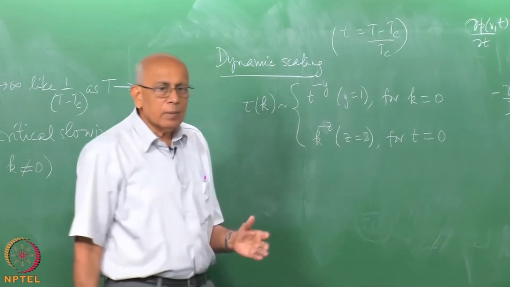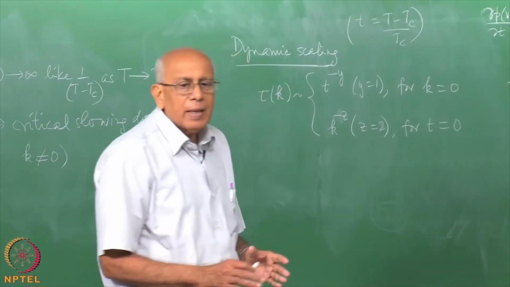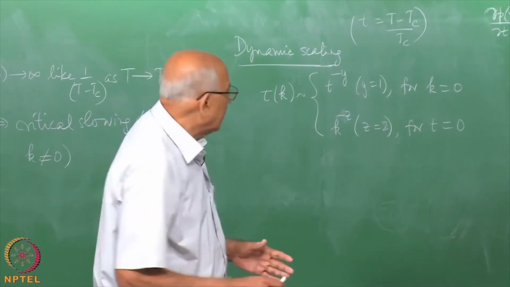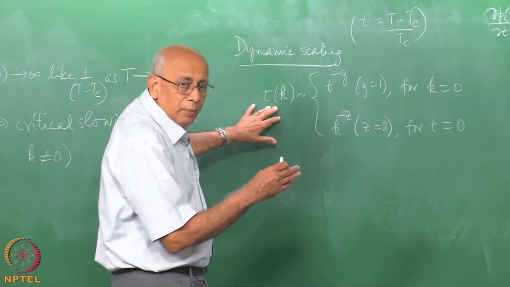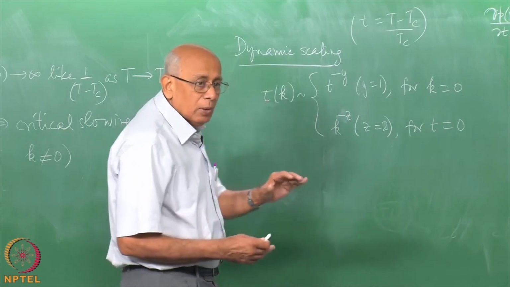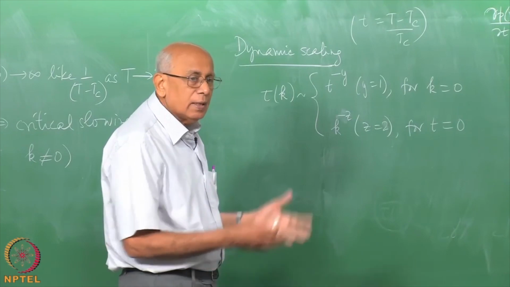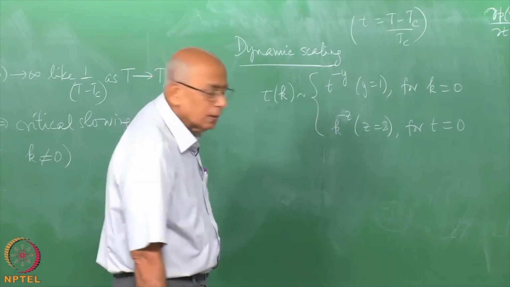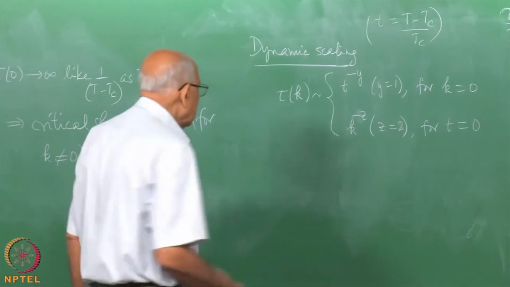Now both these can be subsumed in one relationship by again making a hypothesis that at the critical point this is some power of k, and close to the critical point this is some power law in little t multiplied by a scaling function, exactly in the spirit of Widom scaling, and then experiment will have to tell you if that is correct or not, okay.